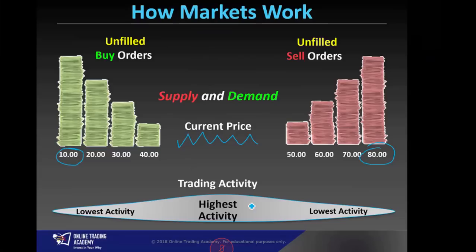Now, with this in mind, this is just like any other vehicle on here. If I've got a lot of money and I'm interested in investing in a product, I want to buy as much of it as I can when it's cheap, and I want to sell as much of it as I can when it's expensive, right?